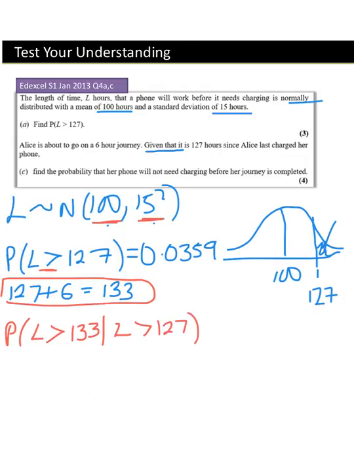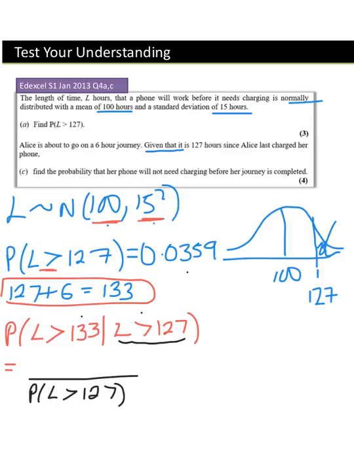So if we look at that, that is basically what we need to work out. It's a conditional probability. So we know what our denominator is. The denominator will have the probability that L is greater than 127 hours, which we've worked out up here. And the probability it's greater than 133 hours, so if you think about it, we want the intersection of these two.